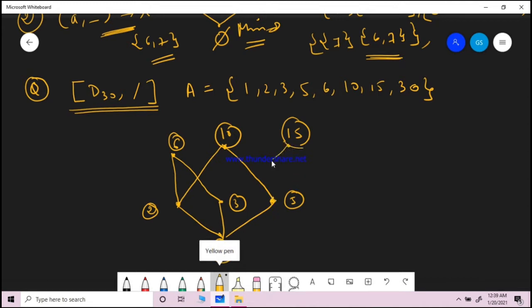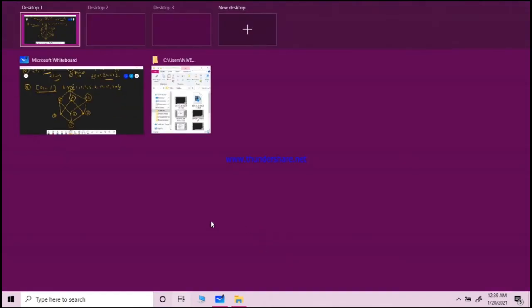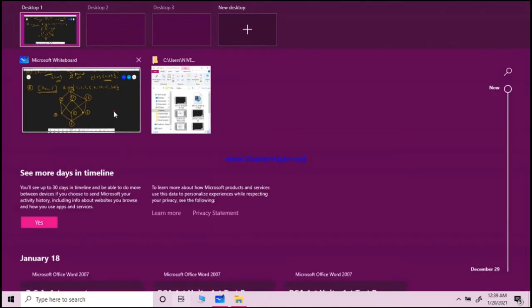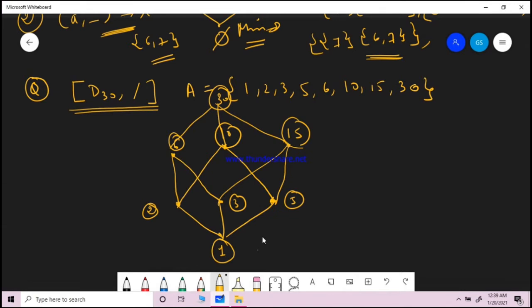So simply draw this 3 and 5. And above all we have 30 here, and this is divisible by 6, this is divisible by 15. So this is roughly your Hasse diagram, where this is the lowest element and this is the greatest element.